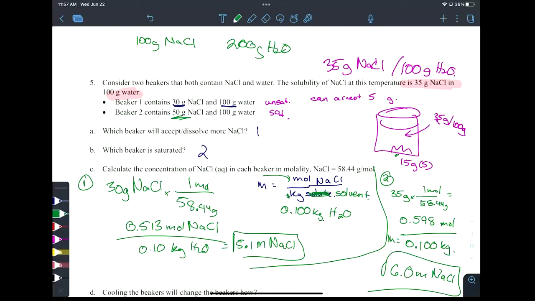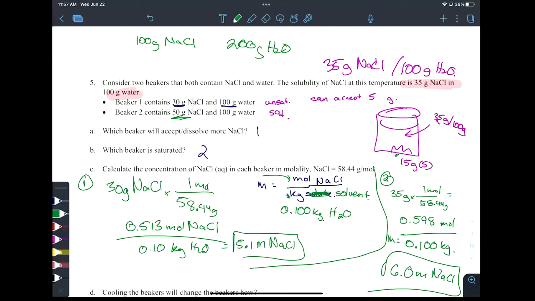So yes, you are right that 200 grams of water will dissolve twice as much salt. How much salt is in solution? 70. But there's 200 grams of water. So what is the concentration of salt in the water? We already calculated it. It's 6 molality again. It's 6 again, because it's saturated.